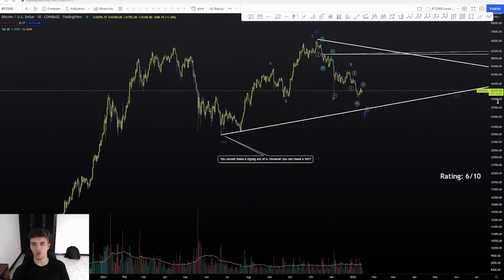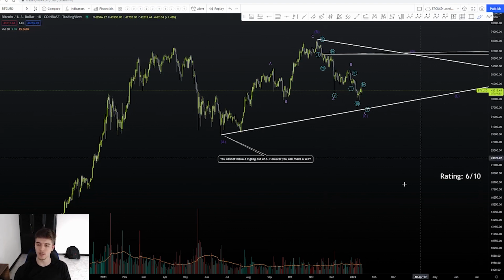All right, one thing you always want to look at when you're dealing with a triangle correction is the volume profile, because with a triangle, you always want to see decreasing volume throughout the progression of the triangle. So in this case, let's look at the volume profile down here. You kind of get decreasing volume for the most part, but we do get a little bit of an uptick for this wave C, which is not significant enough to the point where I'm going to invalidate this count and scrap it altogether.